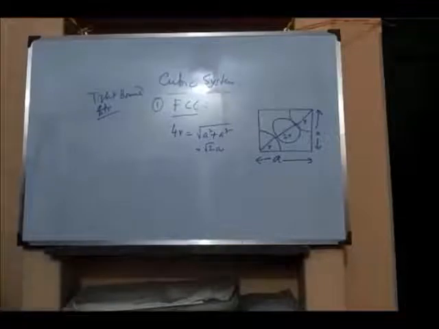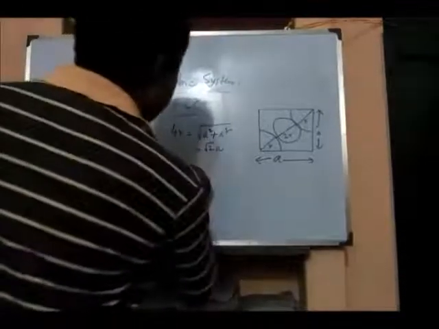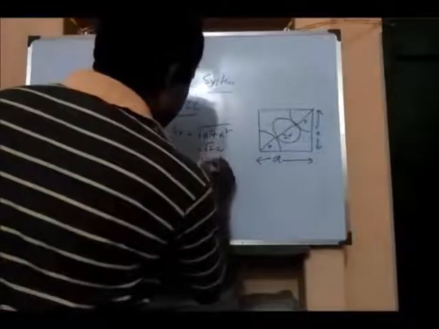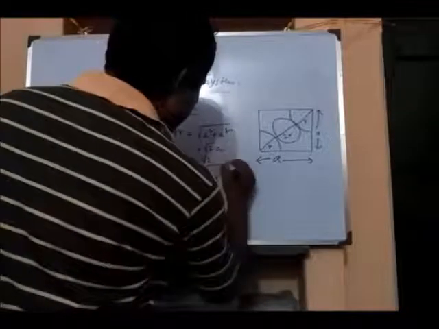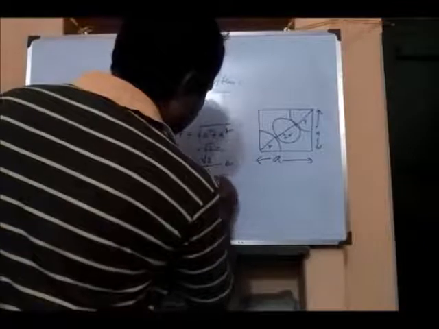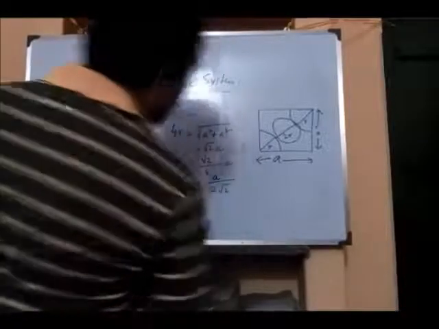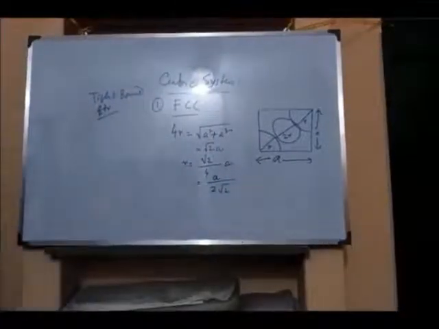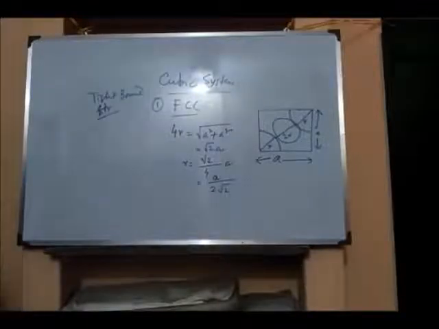So if it is root 2 a, then the value of r will be root 2 by 4 a, so a divided by 2 root 2. So the radius will be a divided by 2 root 2. Now what is the value of the packing factor?